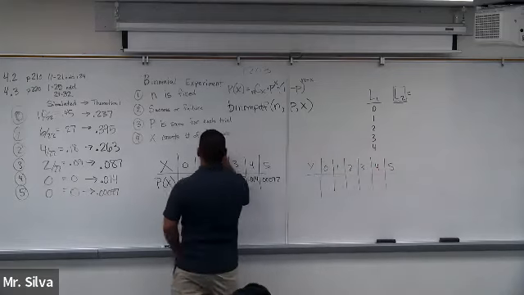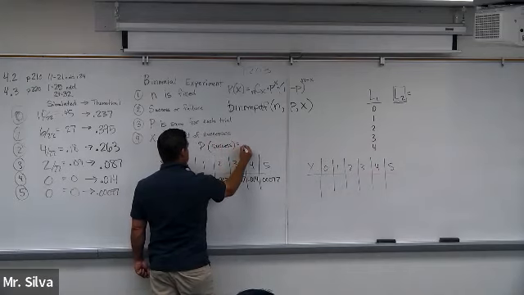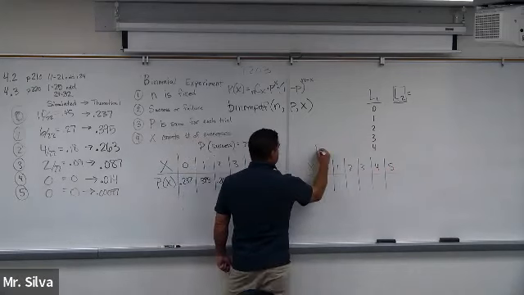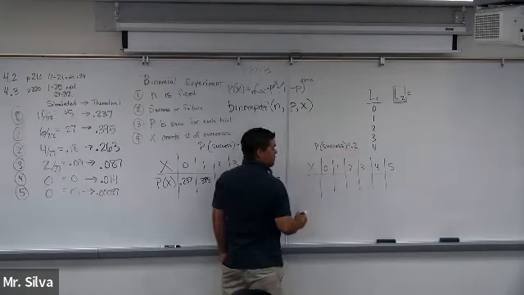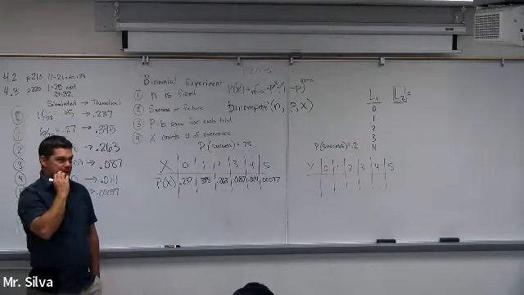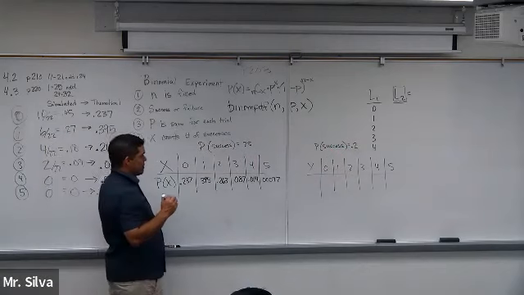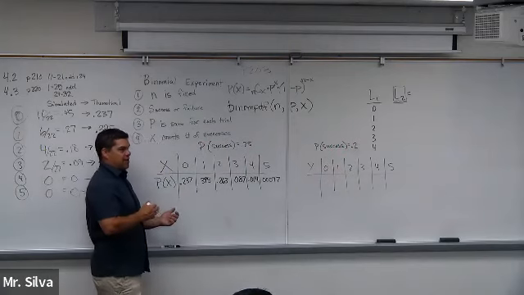Before, the probability of success was 0.25. Over here, the probability of success is going to be 0.2. There's a 20% chance of getting 1 question right in 5 questions.